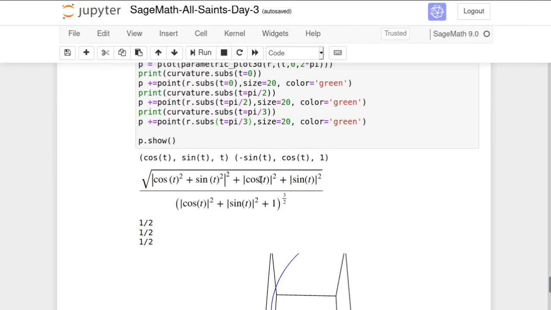Now, modulus of cos t square plus modulus of sin t square is also going to be equal to 1. The only thing is that we are taking them to be positive. So if we are taking them to be positive, then also it's going to be equal to 1. So this is going to be 1 plus 1. Okay, and below that, what is this? 1 plus 1, that is 2, and below that it's going to be equal to 1 plus 1, that is 2, 2 raised to 3 by 2, and root 2 is there on the top. So this is always going to be equal to 1 by 2. From the formula, that is obvious.